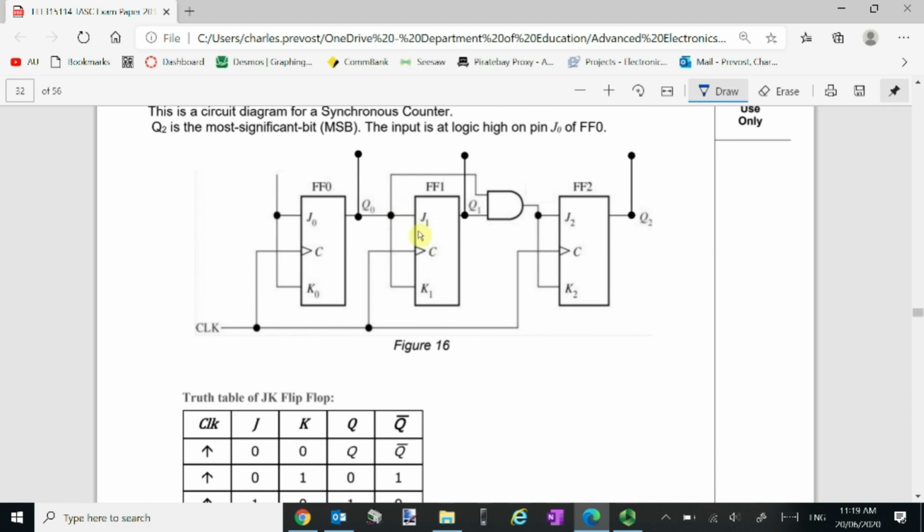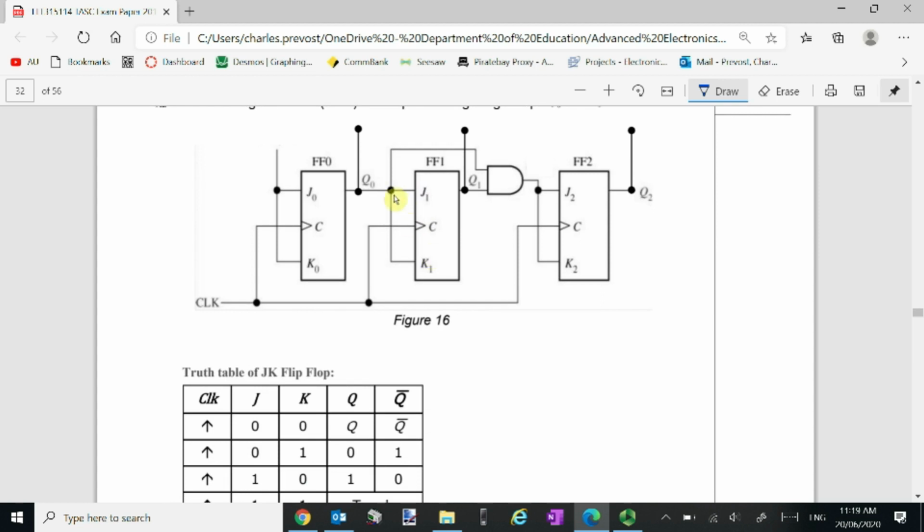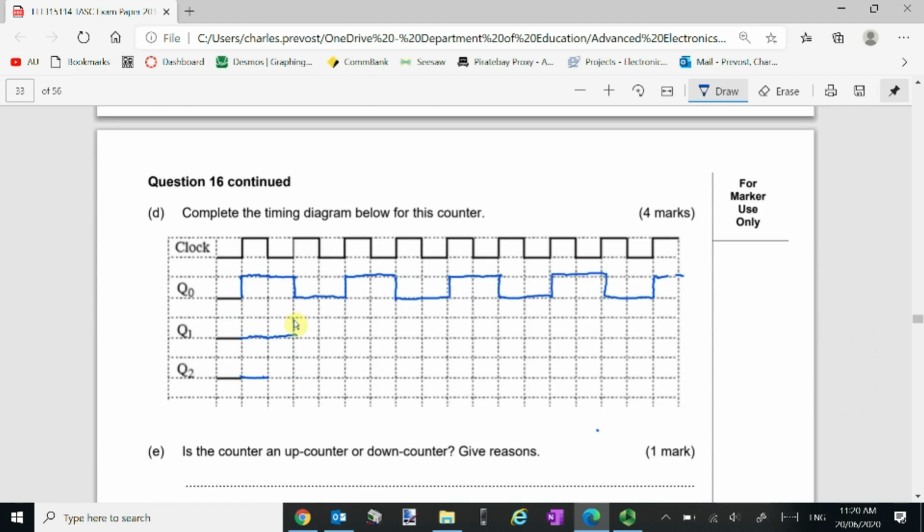That's going to make this toggle the next time it gets a positive going edge, and when this one toggles, that's going to make Q1 go logic 1. That's at 0 now, so that's exactly what it was before, so it's not going to change now. Now this is at 1, so it's going to change again.